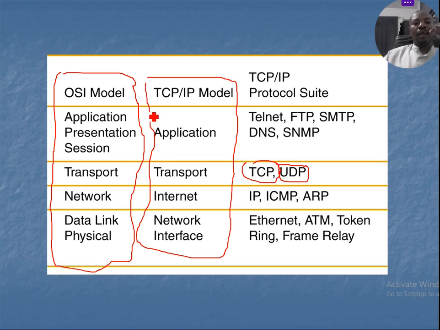The last layer of the TCP/IP model is the application layer, which comprises three different layers of the OSI model: the session layer, the presentation layer, and the application layer.